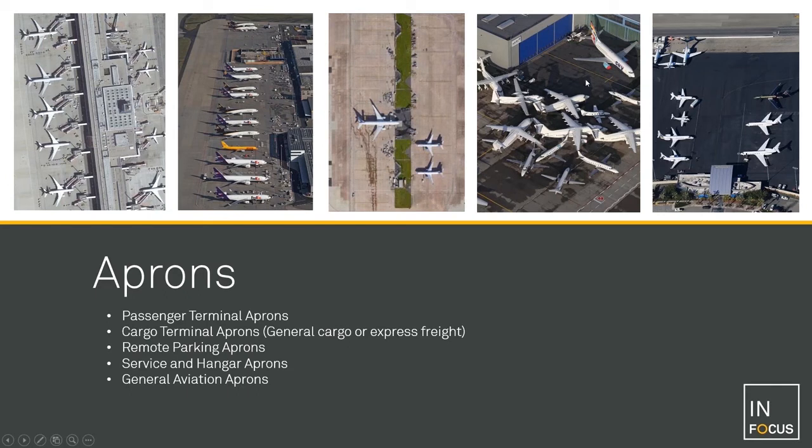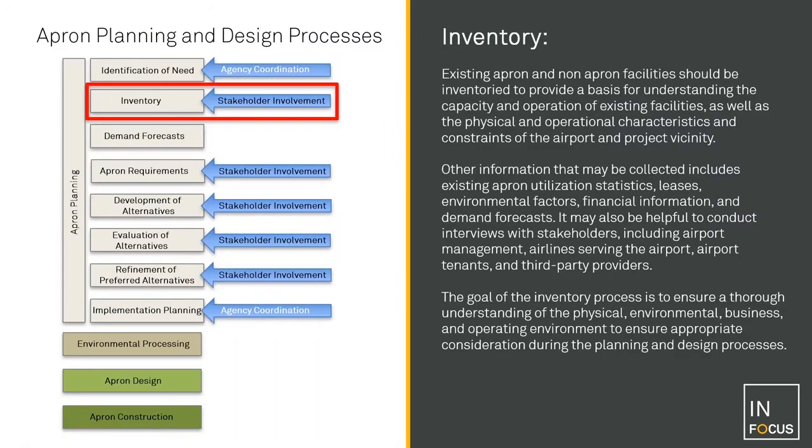Remote aprons, hangar and service aprons, as well as general aviation aprons. General aviation and hangar service aprons are a little bit less particular when it comes to planning ground service equipment, so we won't go into that too deeply.